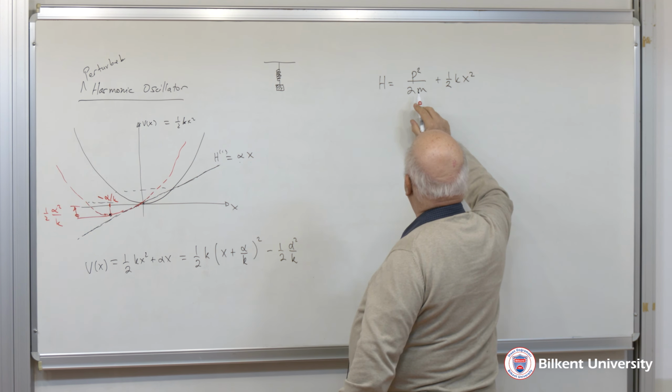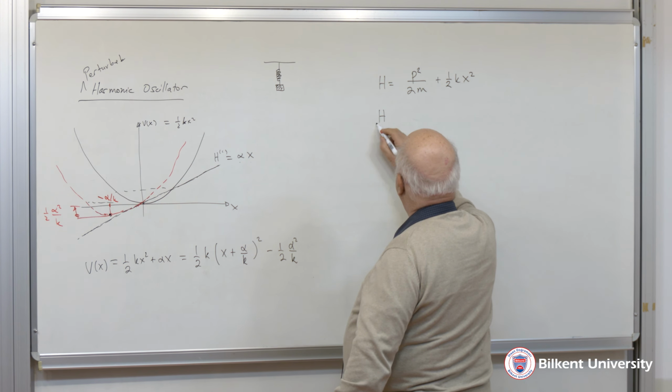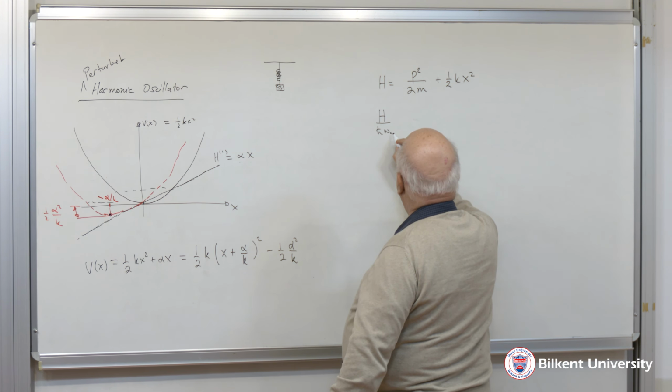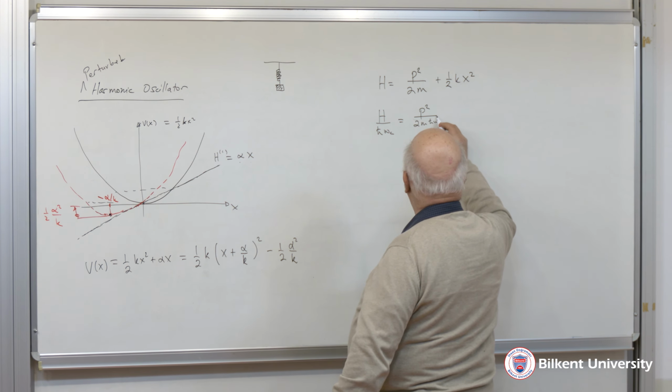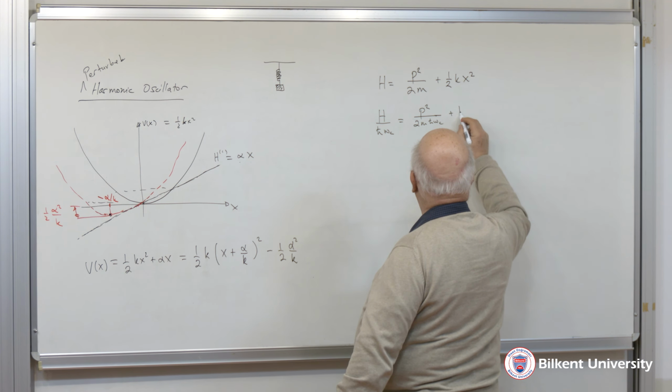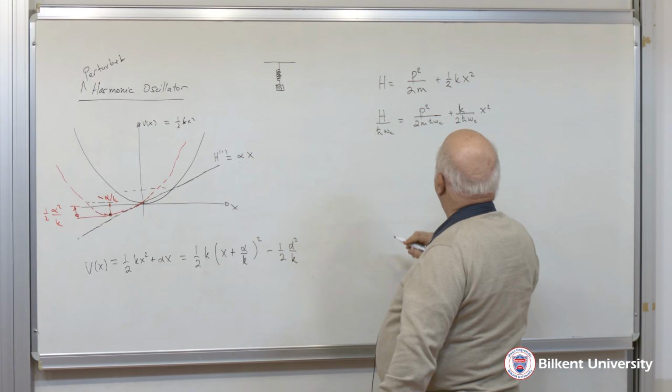So what we do is we divide this by h bar omega c, right? And we get p squared over 2m h bar omega c, so that we have a unitless quantity. So k over 2 h bar omega c x squared, okay?